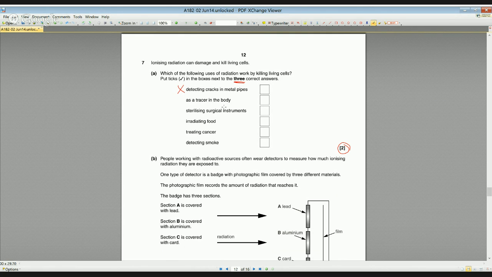As a tracer in the body, now obviously the body does have living cells, but what a medical tracer is used for is when you either drink or are injected with a radioactive chemical, and that radioactivity spreads around your body, and it passes out of your body, so that by using a special gamma camera, you can identify where in the body the highest concentrations of the radioactive source are, and it basically gives you an internal view of the body.